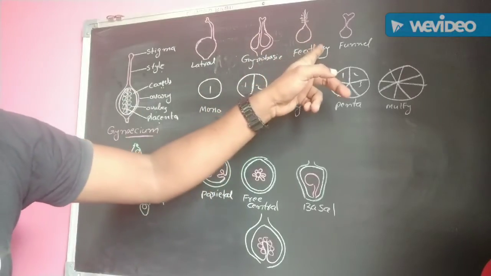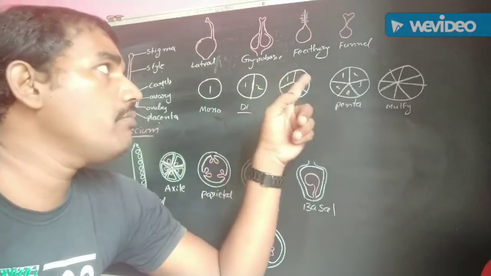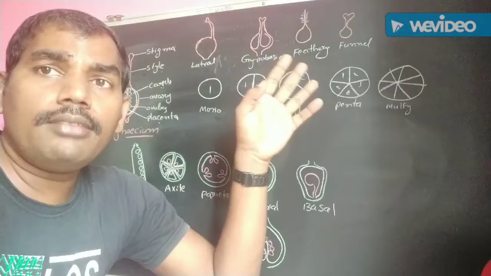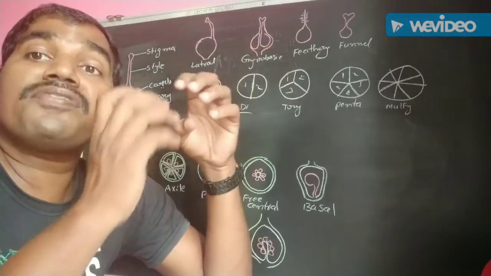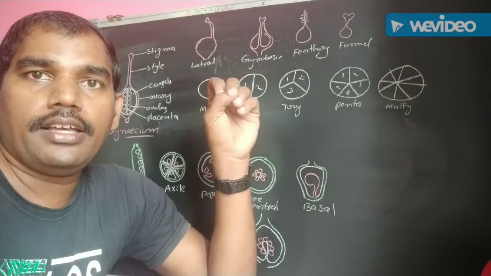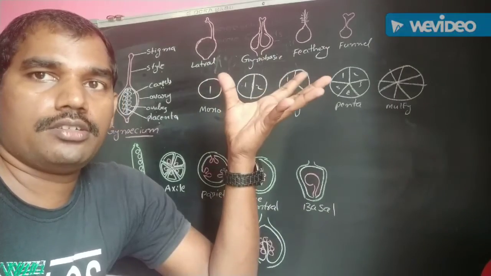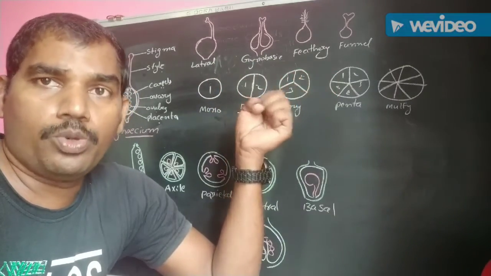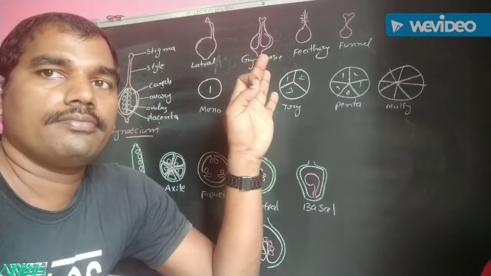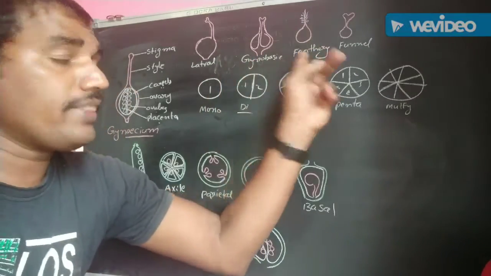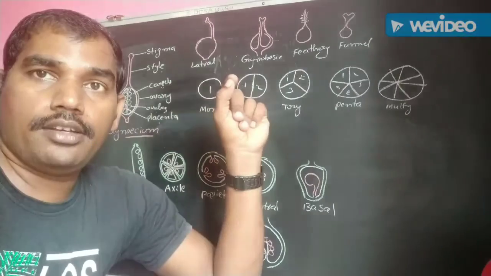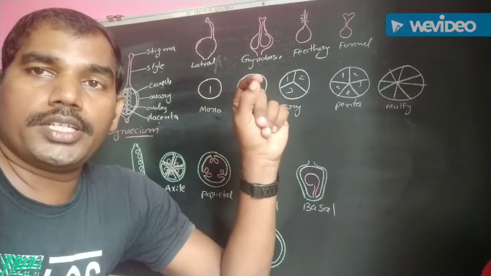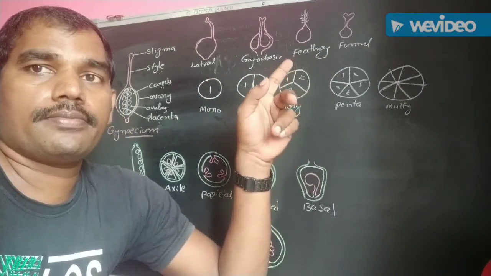Another one, feathery style. Feathery style means the style is apical, but it is feathery. This feather-like structure easily arrests the pollen grains. This type of feathery style is especially found in Poaceae members, that means grass members.